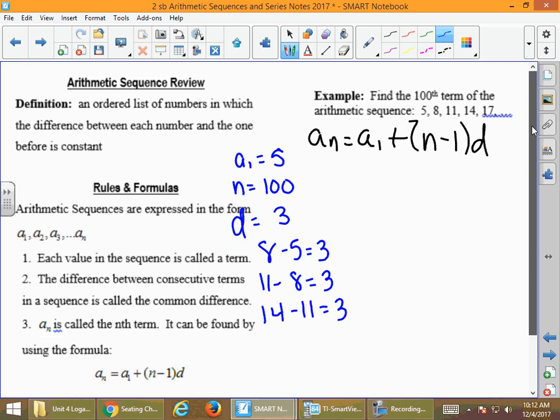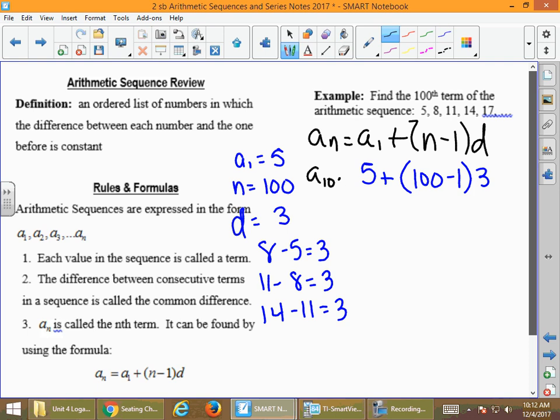And now that we know that information, we can put that back into our formula to find what the 100th term is. A sub 1 is 5. The 100th term, there's our n, minus 1, times d, our common difference, which we just figured out is 3.